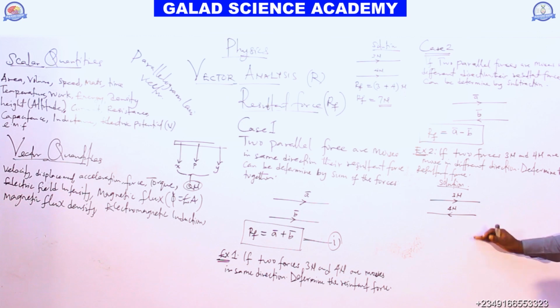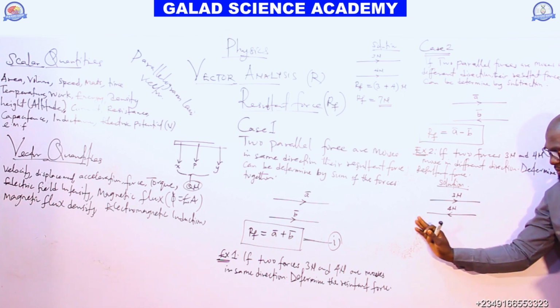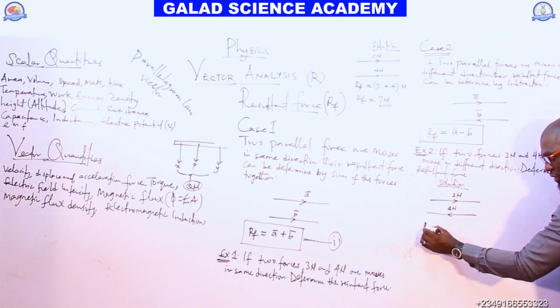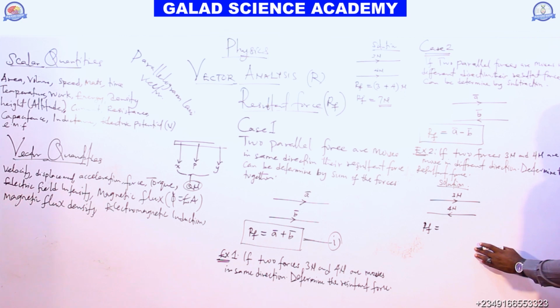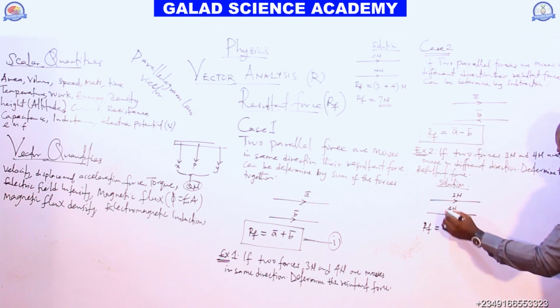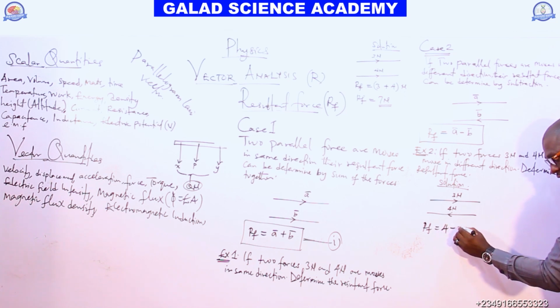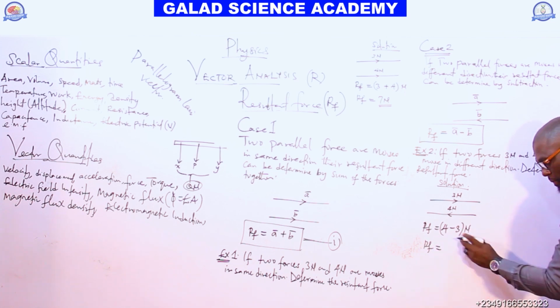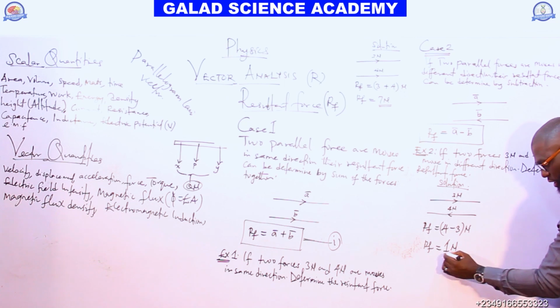Look at the direction of the two forces, they are opposite. 3 Newton faces this side, 4 Newton faces backward. Therefore, the resultant force here will be, I said we will subtract the lesser one from the bigger one. It will now be 4 Newton minus 3 Newton. We will now have the resultant force to be 1 Newton.